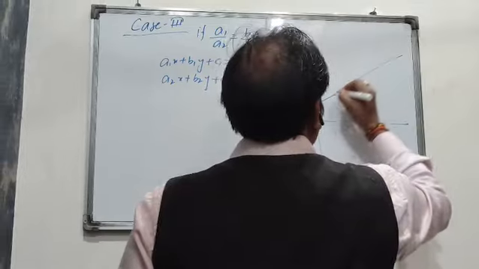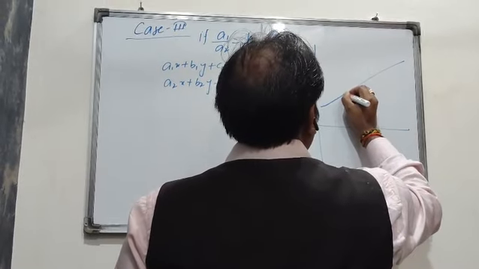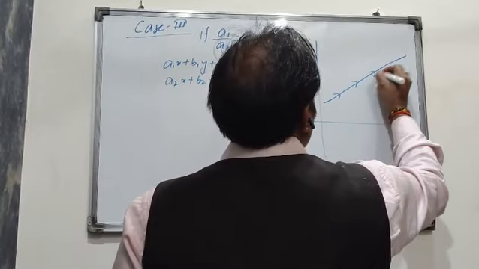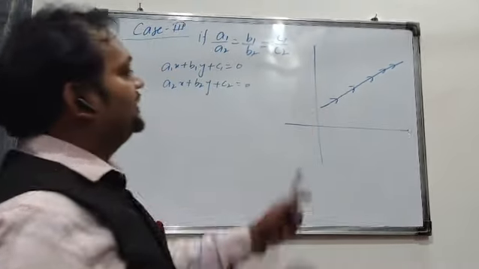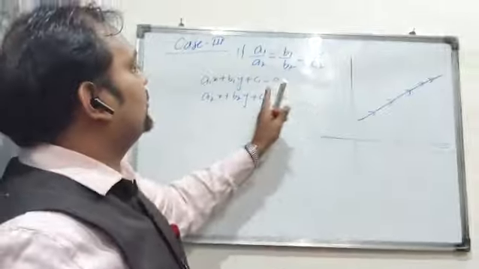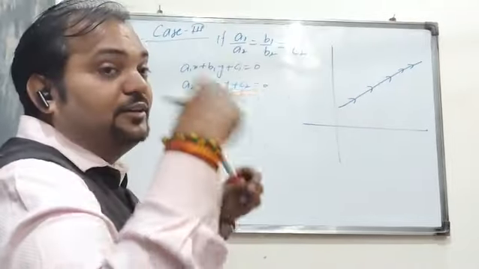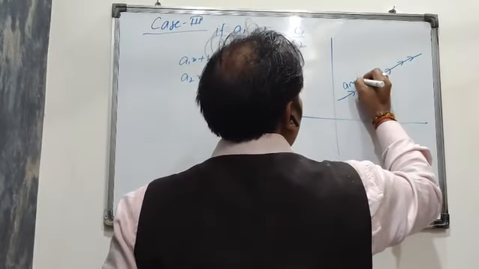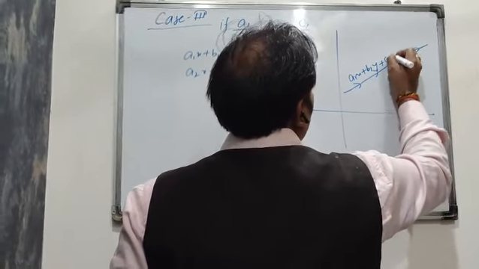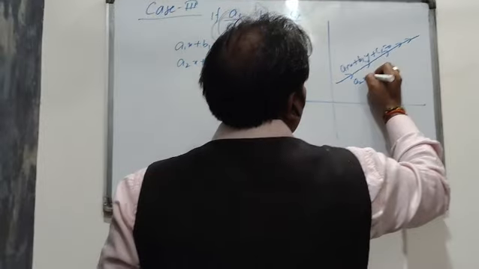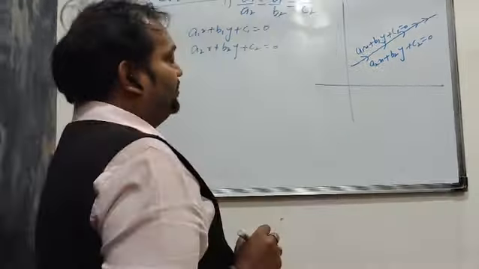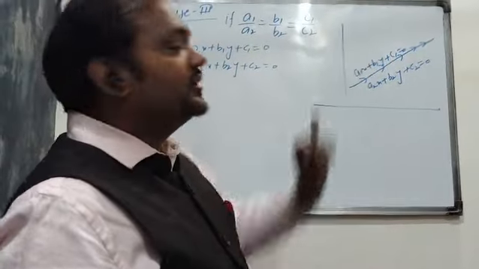If you are going to draw the graph for this, you will get something like this. It means they are touching at all points. That's why you will get the infinite solution. Here a1x plus b1y plus c1 is equal to 0, a2x plus b2y plus c2 is equal to 0. Both the equations are coincident.